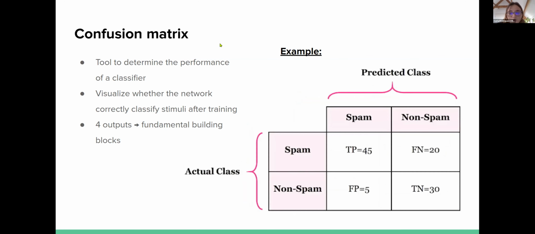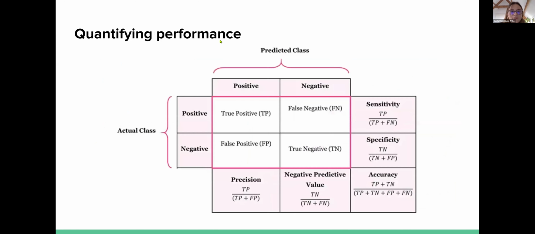A false negative would mean that a spam was classified wrongly, so as a non-spam, and the rest is pretty self-explanatory. With these, you can further quantify the performance using metrics like sensitivity, specificity, precision, and negative predictive value.